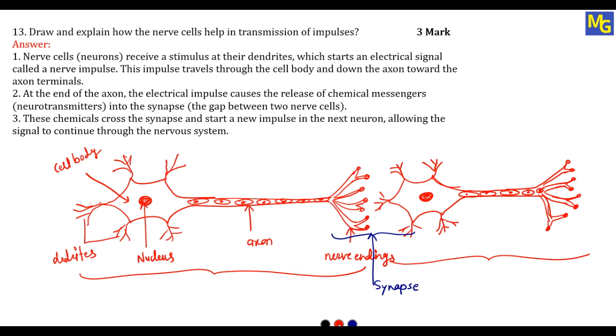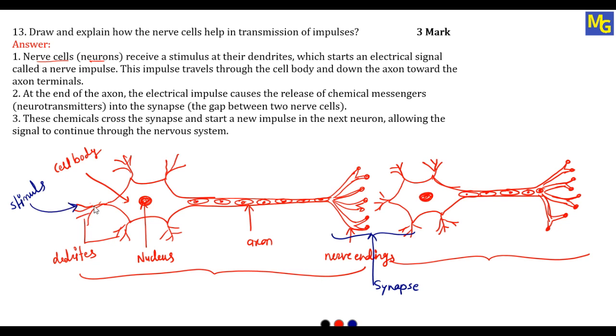So according to the first sentence, as I have written here, nerve cells, that is neurons, receive a stimulus at their dendrites. So first all the nerve cells will receive the stimulus. So imagine this is the stimulus. This stimulus will be received by these dendrites.